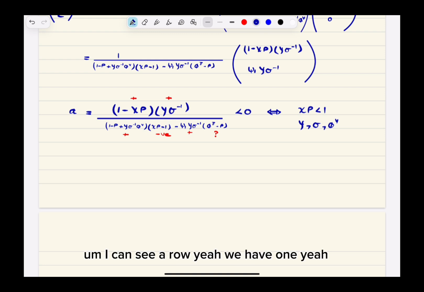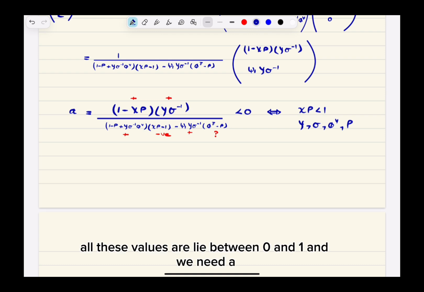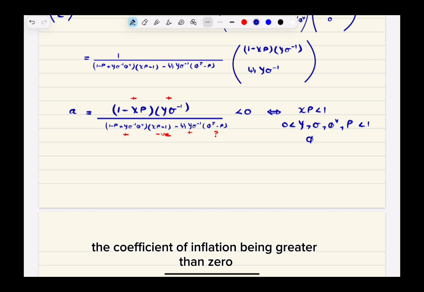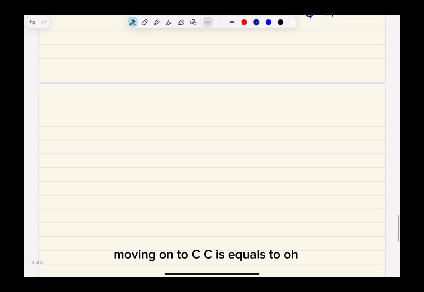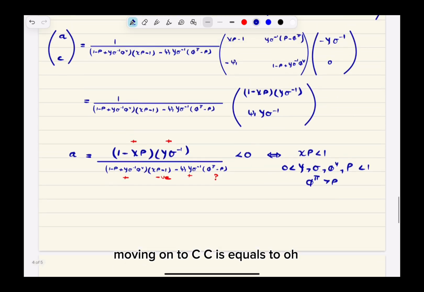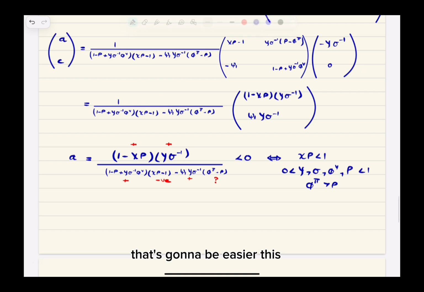I can see a rho, rho. All these values lie between 0 and 1, and we need the coefficient of inflation being greater than rho. So that's when this works. Okay, moving on to C. C is equal to, oh, that's going to be easier. This.